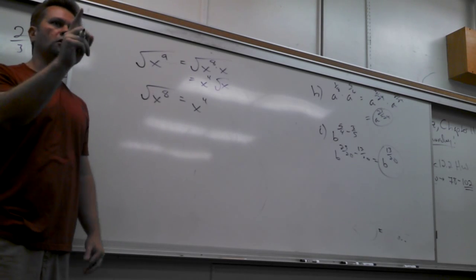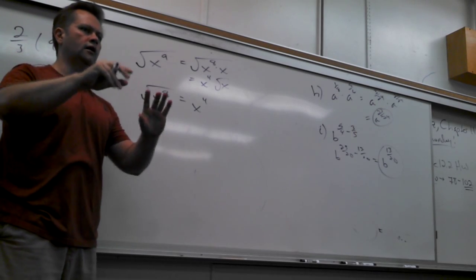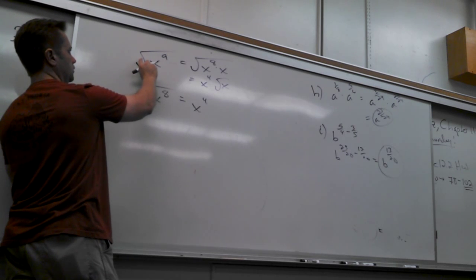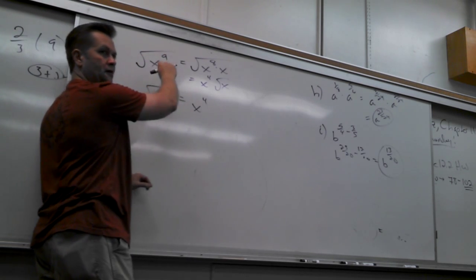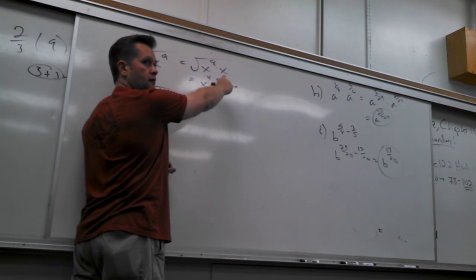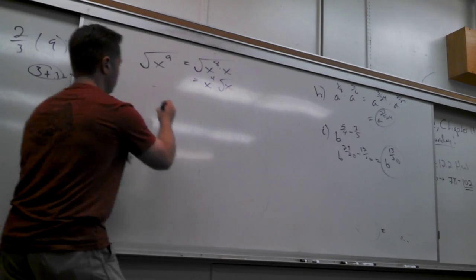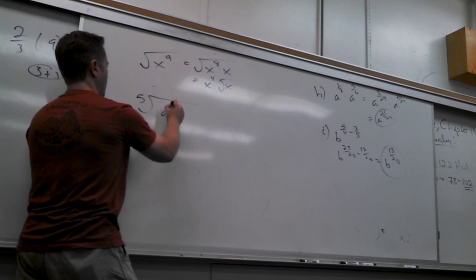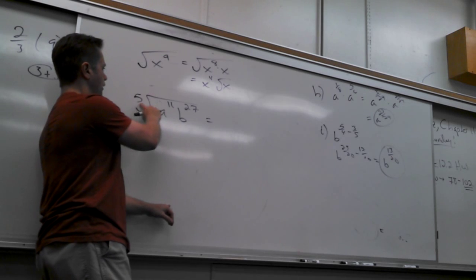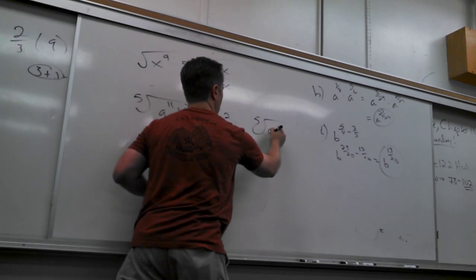Now here's a nice shortcut if it's a variable I'm looking at. This is awesome. I don't think I put this on the sheet because this is all numbers on the sheet. What's the number here? 2. 2 goes into 9 four times with 1 left. Real quick, if I had the fifth root of a to the 11, b to the 27, 5 goes into 11 twice with 1 left over.